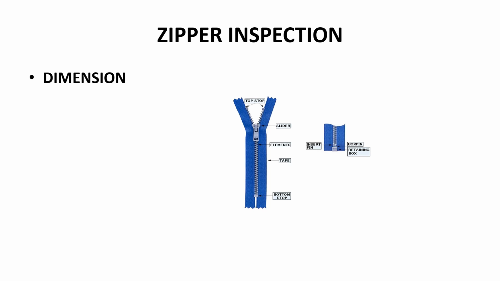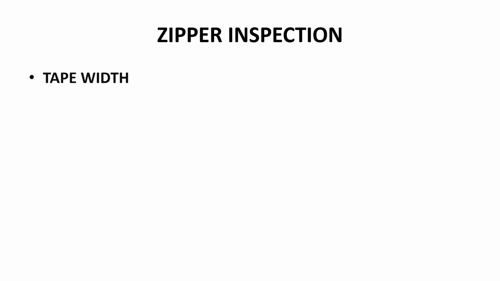So for the zipper inspection on the physical side, yes, the dimensions are also important. What is the dimension of various parts? What is the length of the zipper? What should be the width of the zipper? All these dimensions are important in the zipper. Then also important in zipper inspection is the tape width.